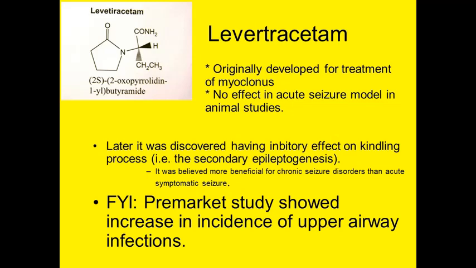Later it was rediscovered, having an inhibitory effect on the kindling process. So it was believed to be more beneficial for chronic seizure instead of acute symptomatic seizure. Just for FYI, pre-market studies show an increase in incidence of upper airway infection.